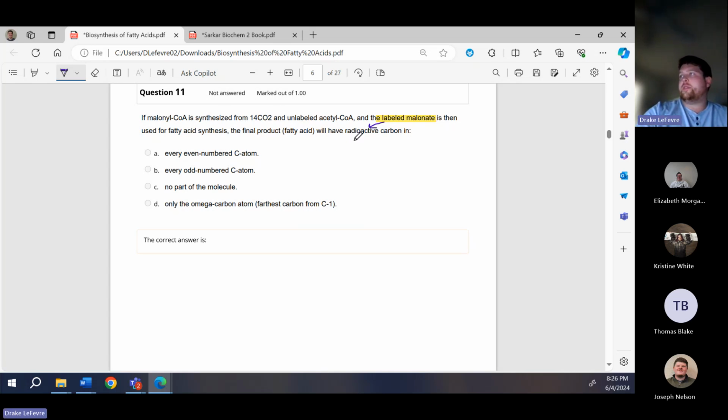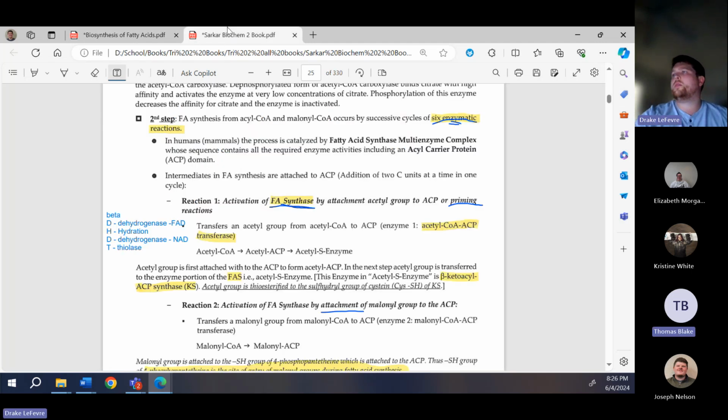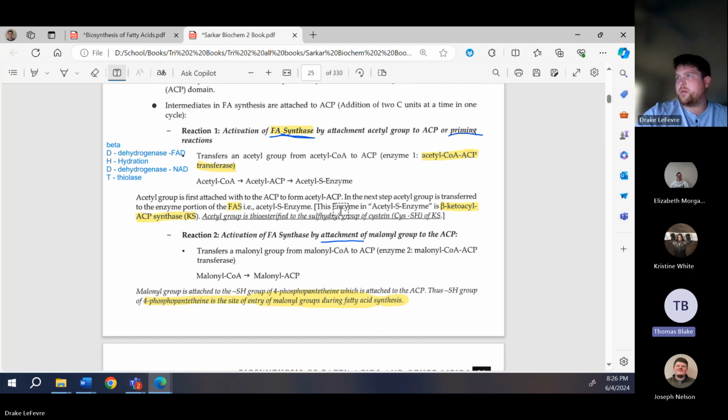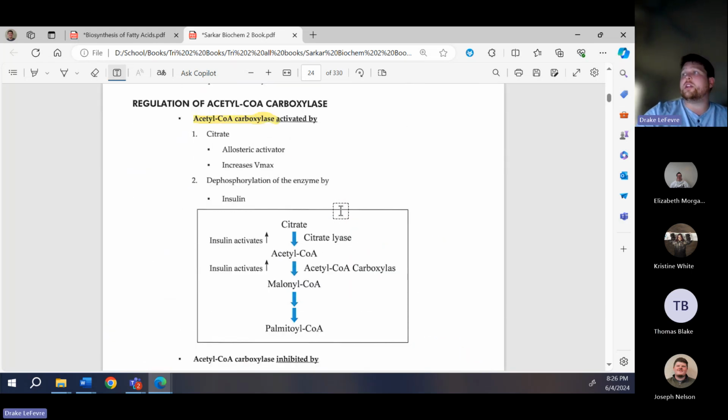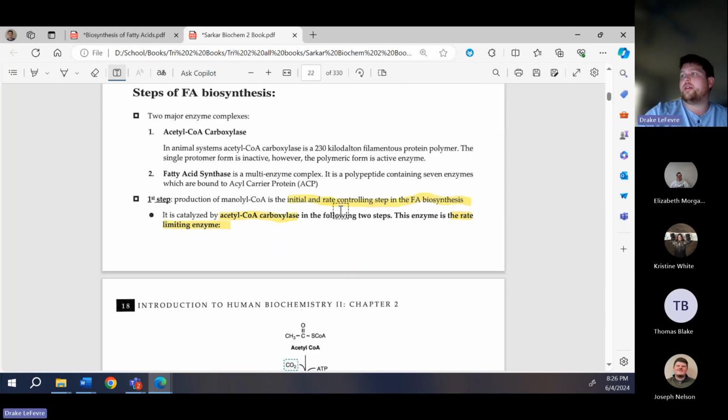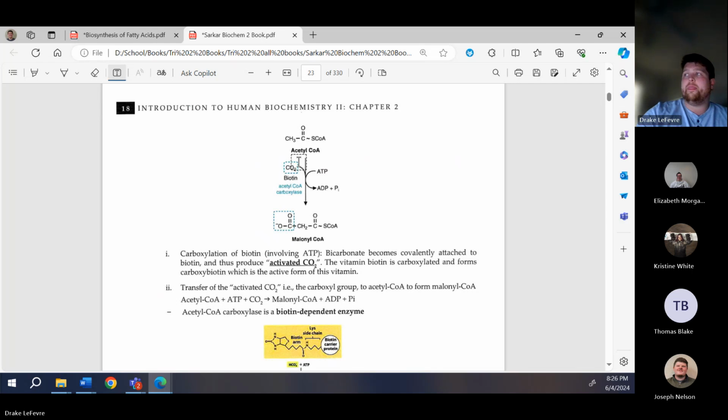So what was the name of the starting molecule that we work with? Do we start with one thing and then add on the acetyl-CoAs afterwards? Is the malonyl the one that we start with? So we start originally with an acetyl-CoA that we then convert to a malonyl-CoA.